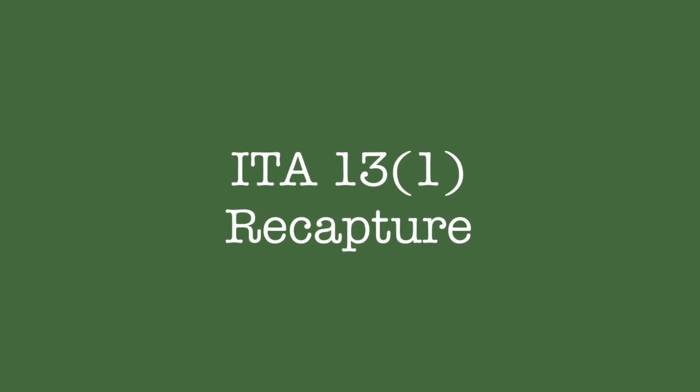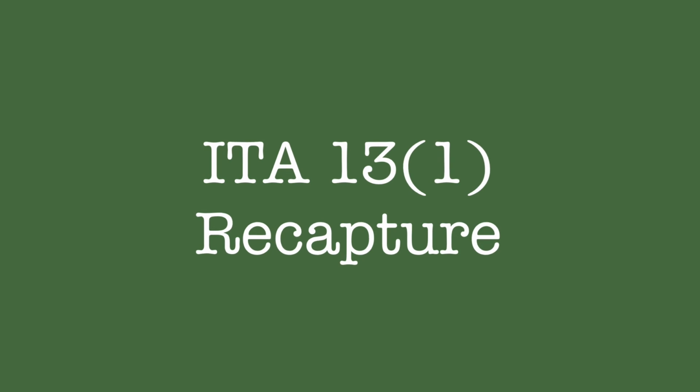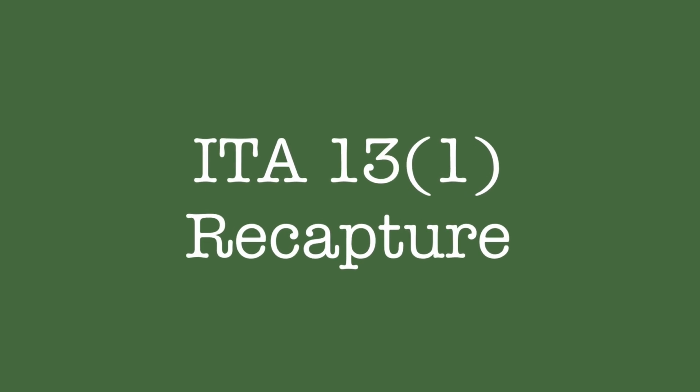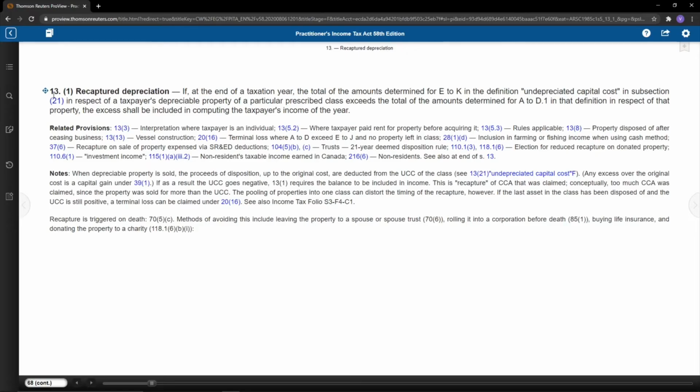Let's navigate further. ITA 13, subsection 1, recaptured depreciation. Recapture refers to an amount that needs to be brought back into income, and the provision is here. So if you don't remember what recapture is, recall that when depreciable property is sold, the proceeds of disposition up to the original cost are deducted from the UCC of the class.